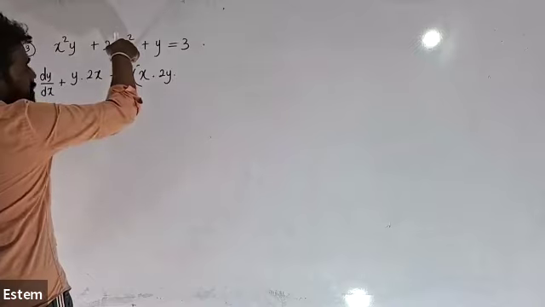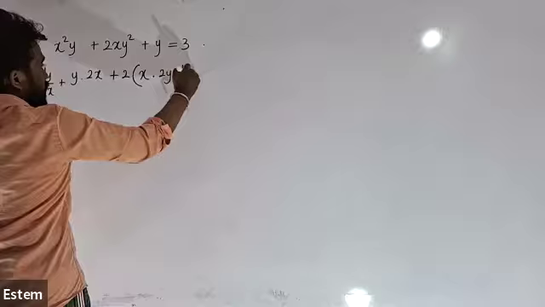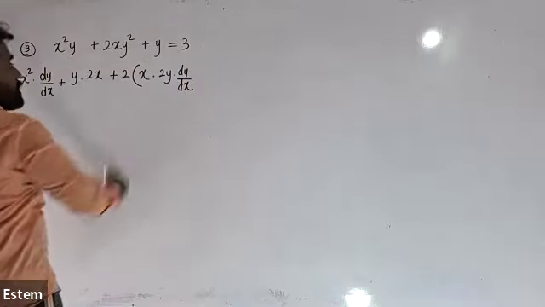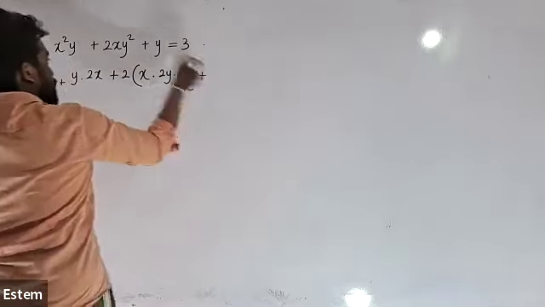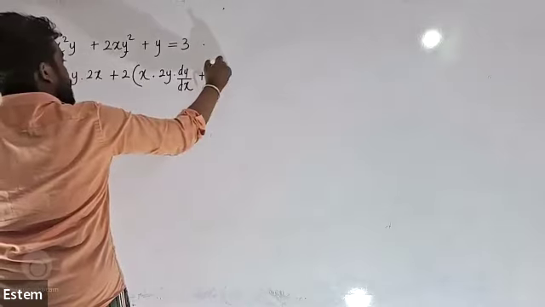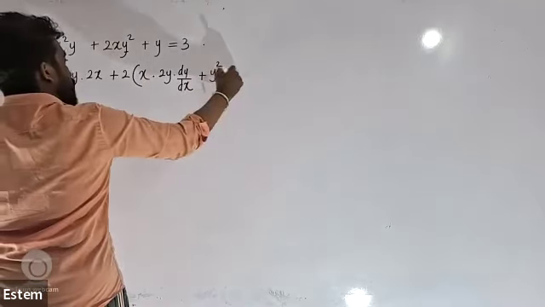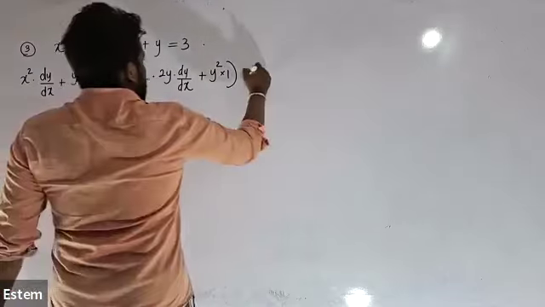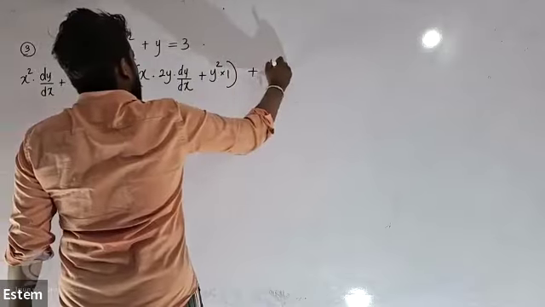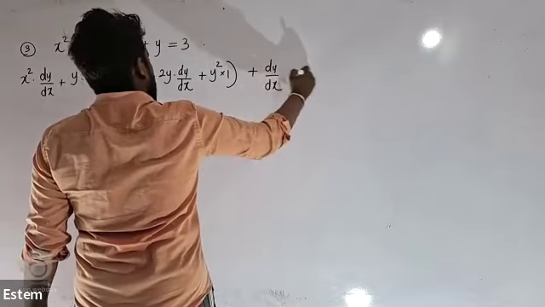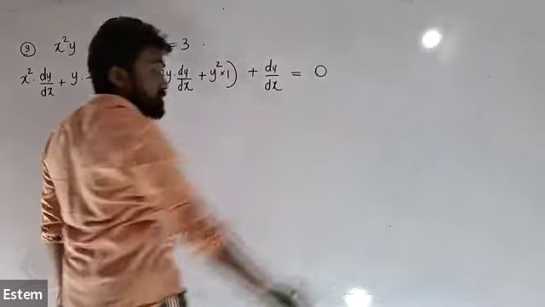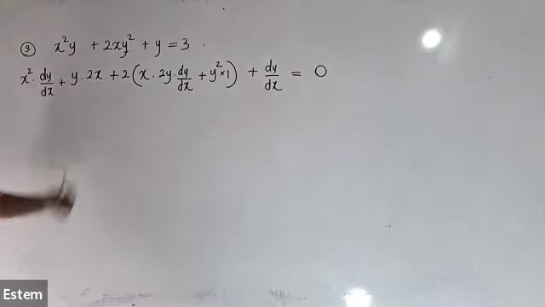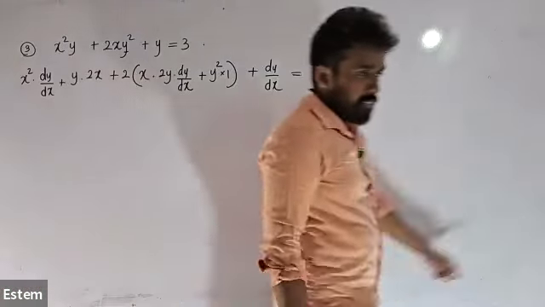After we jump into the inside of the function, there is y here, then dy over dx. Plus, now we should pick y squared, and the differentiation of x is just 1. Now the bracket is over. Plus, the differentiation of y is dy over dx. The differentiation of 3 is just a constant, therefore the differentiation is 0.